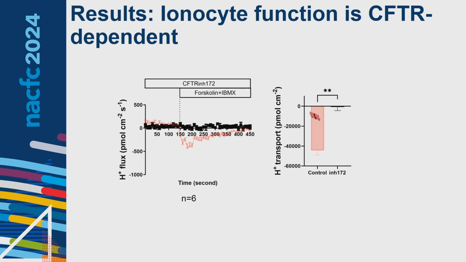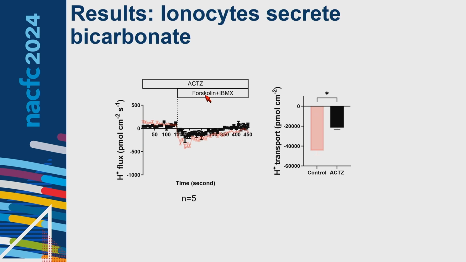We quantified that using area under the curve, calculating how much ion flux happened after forskolin and IBMX stimulation. So clearly, you can see that inhibitor 172 blocks this ionocyte function. And we are wondering whether bicarbonate plays a role in pH regulation through the ionocyte.